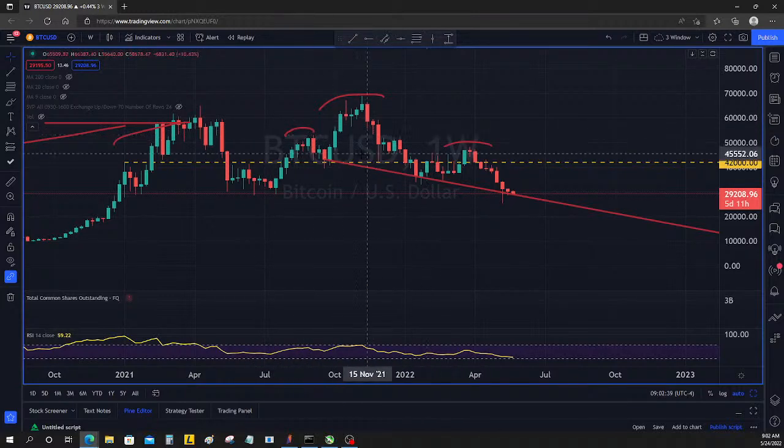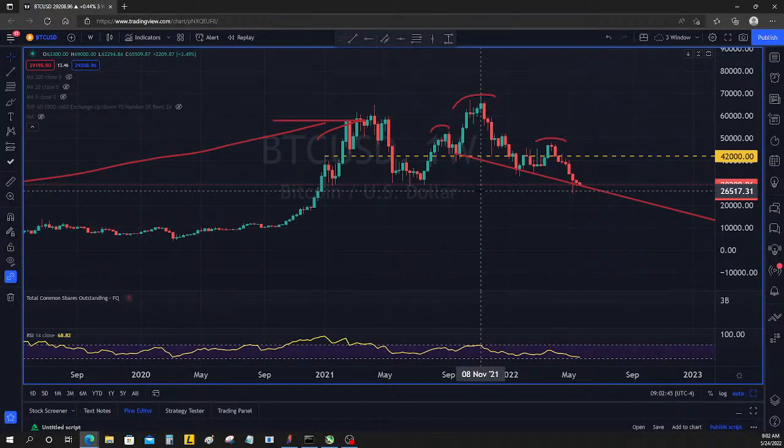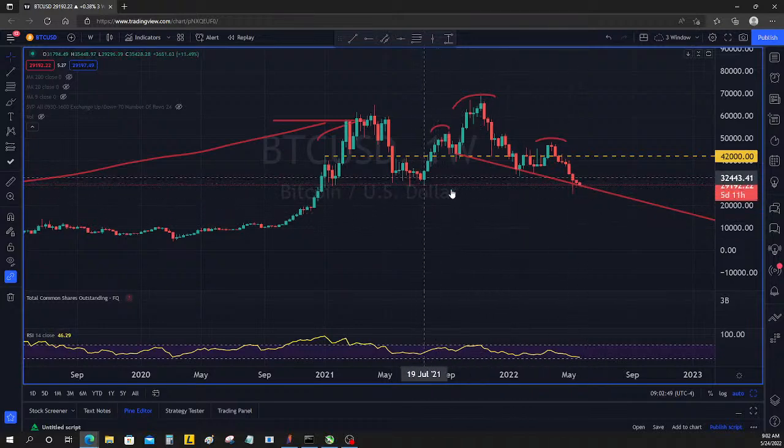In addition, the neckline of the head and shoulders pattern needs to be in the opposite direction of the trend. So you can have a head and shoulders pattern that shows a reversal to the upside as well. If the trend were down and there's an inverse head and shoulders, that inverse head and shoulders would be pointing to the upside.